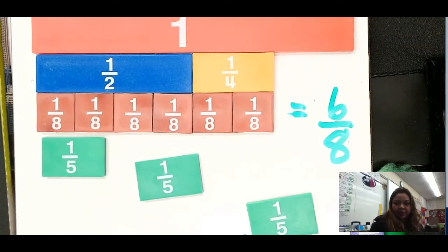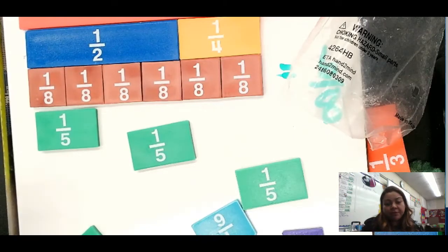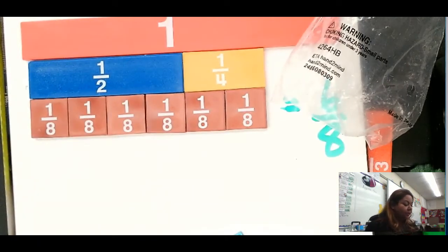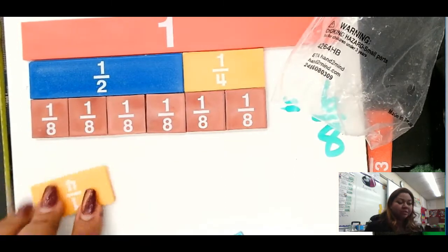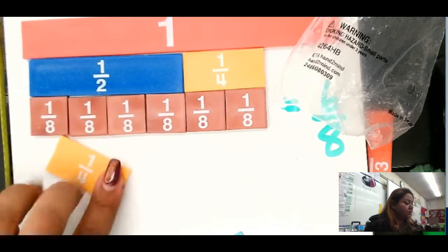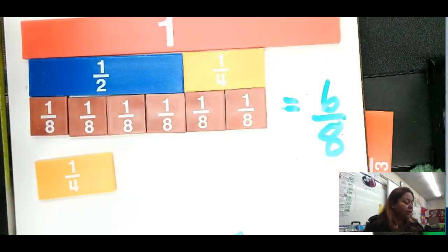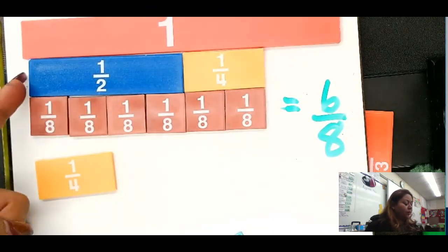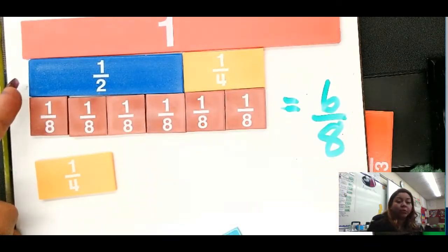Okay, so pause your video. Okay, so if you paused the video, you should have been able to find additional ways to add with tiles of the same denominator, and been able to find tiles with the same denominator that will fit in from under the 1/2 and the 1/4.